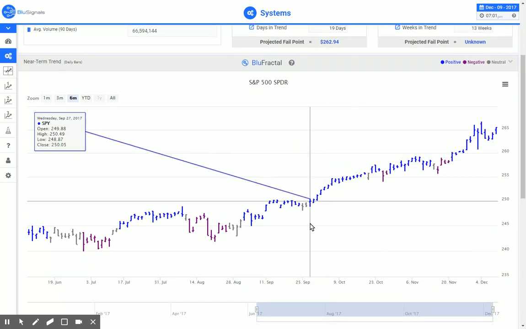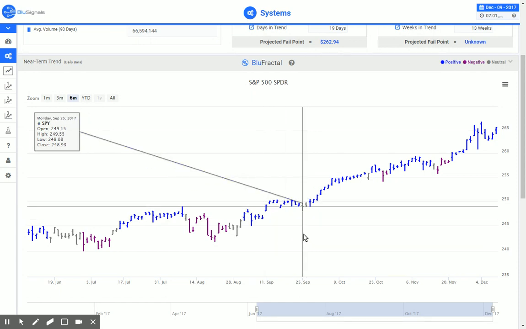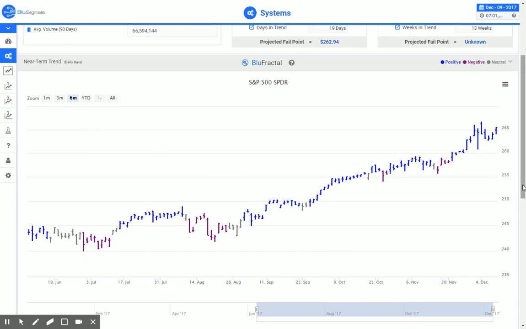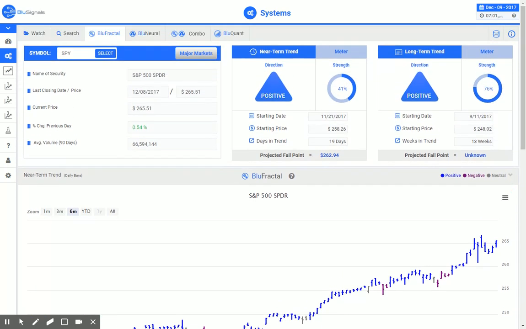It's also important to note that, as we discussed with our other systems, these are forward-looking indicators. So when you get these signals, you have a high degree of confidence that that directional move is going to form and manifest itself after the initial signal. And that can be further considered when you look at the strength of the meter and if any projected fail point has been rendered.